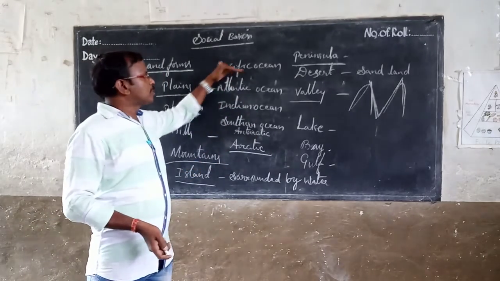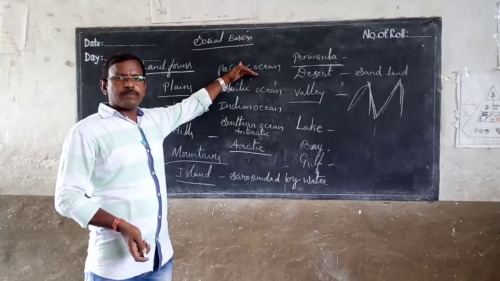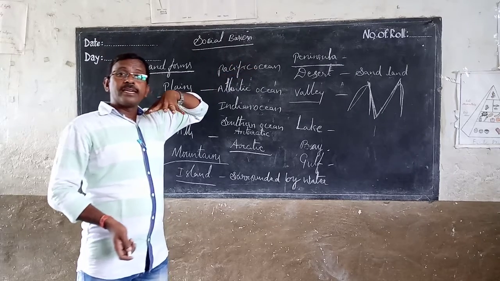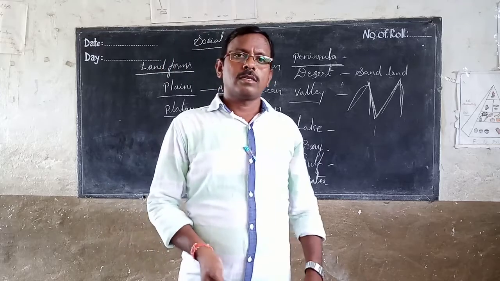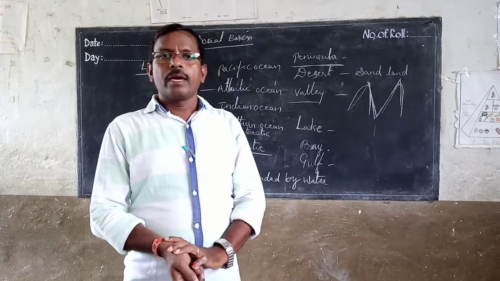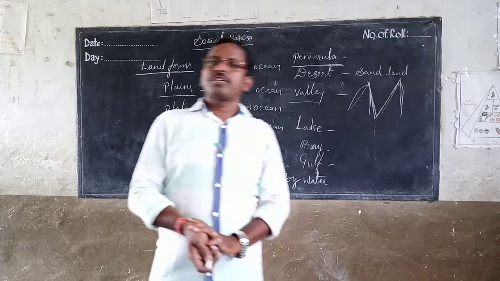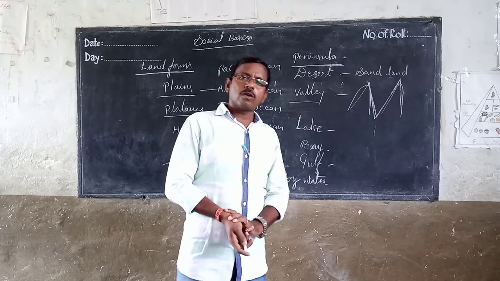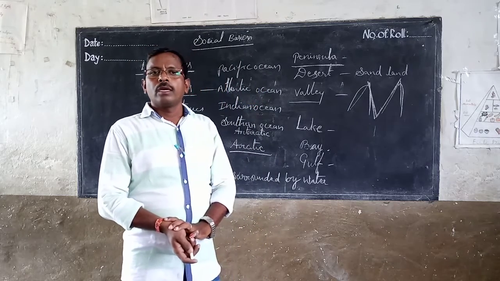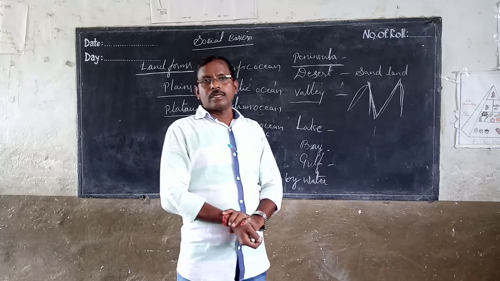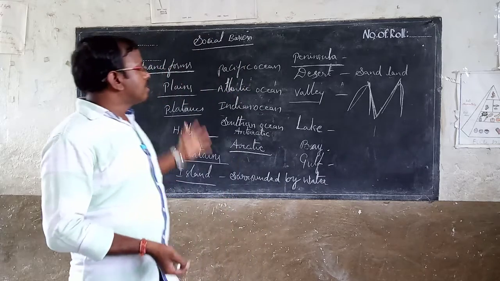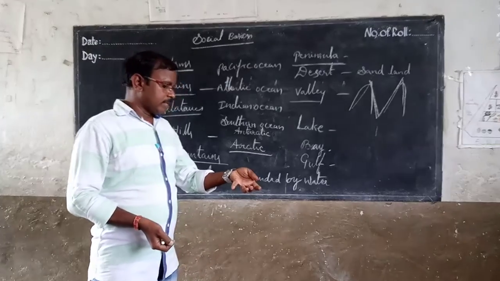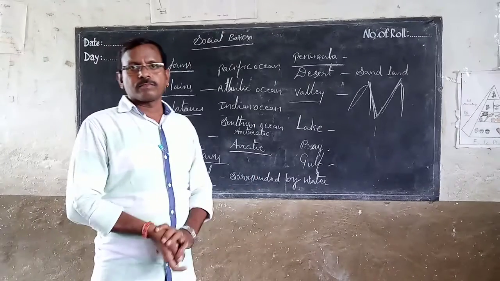Among these oceans, the Pacific Ocean is the biggest and deepest ocean, and among the continents, Asia is the biggest continent. Australia is a small continent, and also a country as a continent. Australia is a country and a continent.